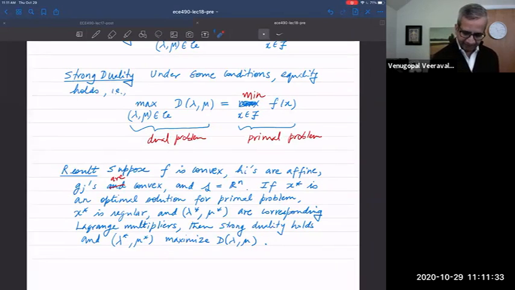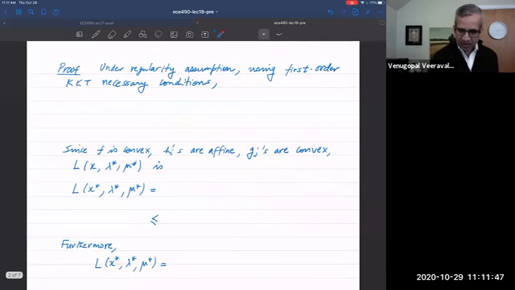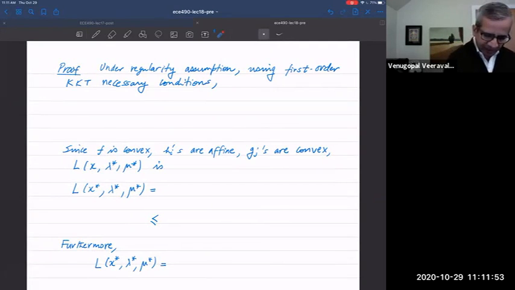All right, so let's prove this. Any questions about the statement, the result, and the assumptions? All right. First of all, as I just mentioned, from the regularity assumption and the first order necessary KKT conditions, we get that the gradient with respect to x of L at x star, lambda star, mu star is equal to 0.